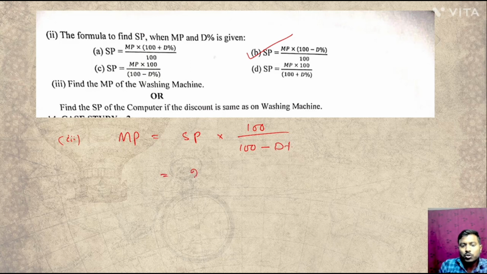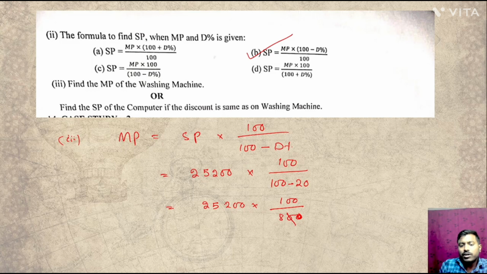So SP equal to 25,200 into 100 divided by 100 minus discount, means 20%. So equal to 25,200 into 100 divided by 80.